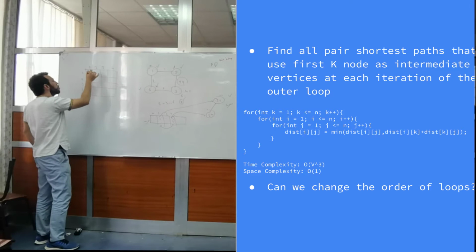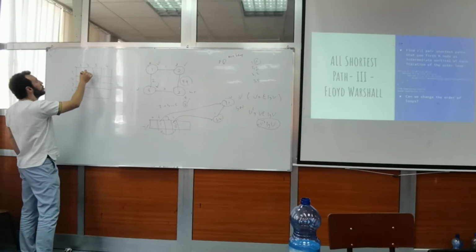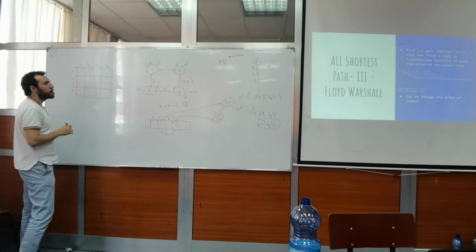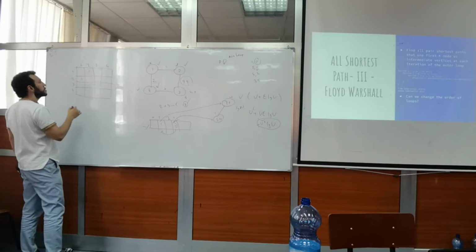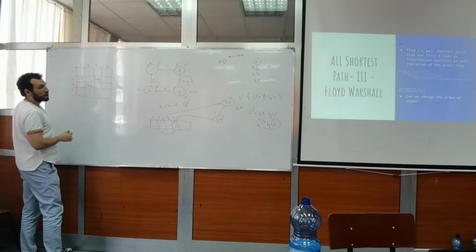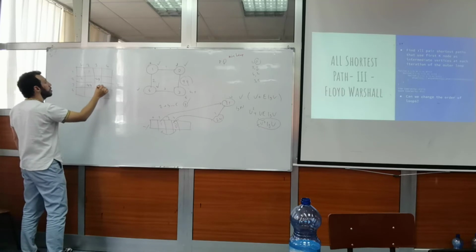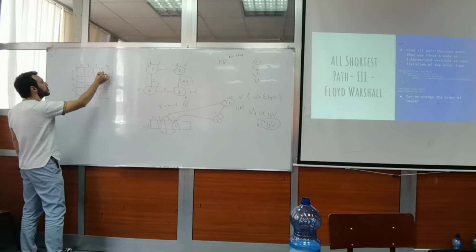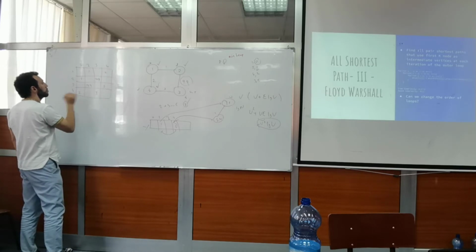From 1 to 2, I know that it is 1, and 2 to 1 is 1. 2 to 3 is 99. 3 to 4 is 3. 1 to 4 is 2.